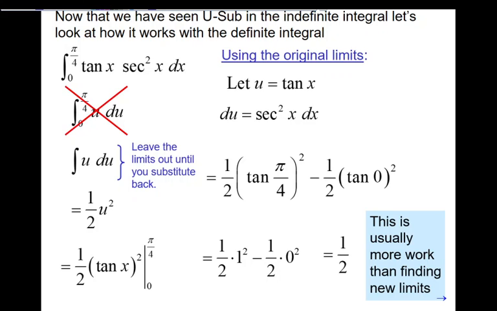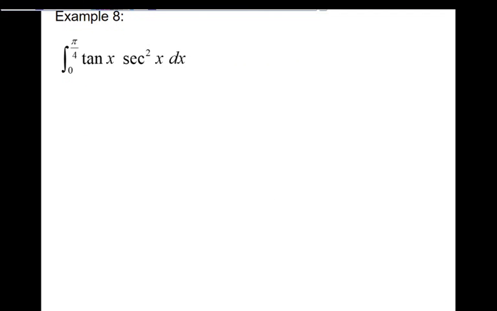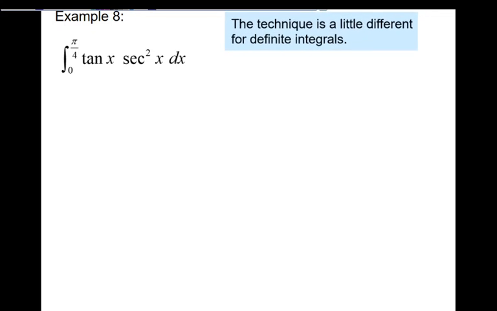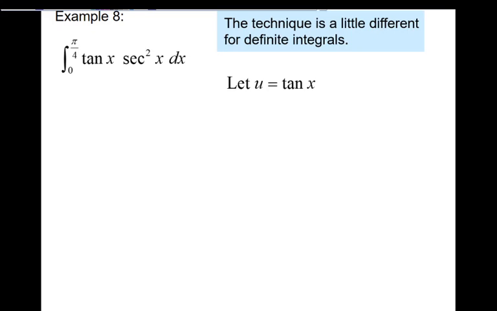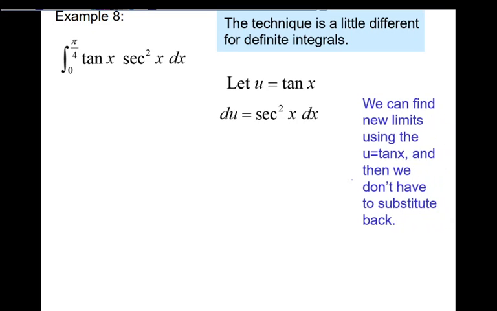So I'm going to show you the exact same example, but we're going to do it a little bit differently. I'm still going to do the exact same thing I did before, where I pick my u as tangent x and my du is secant squared x dx. But now we're going to find new limits. We're going to use that equation u equals tangent x.